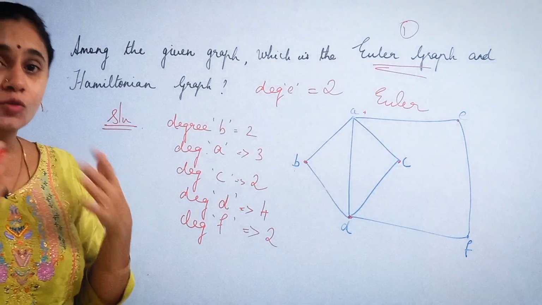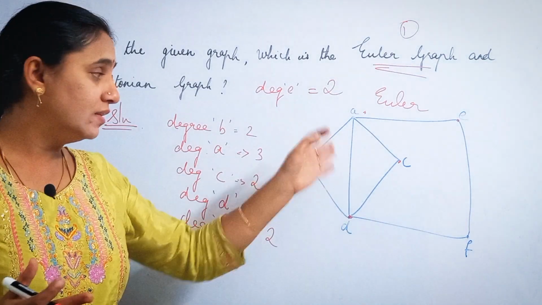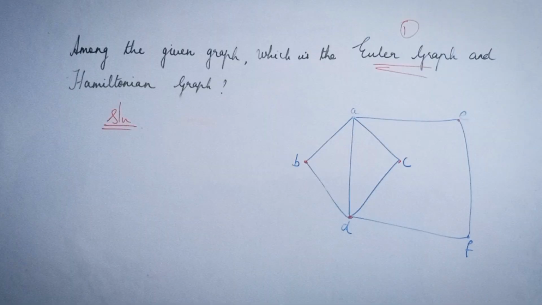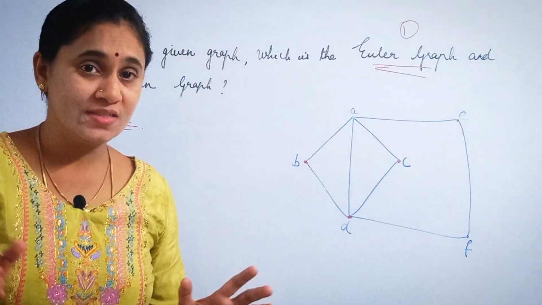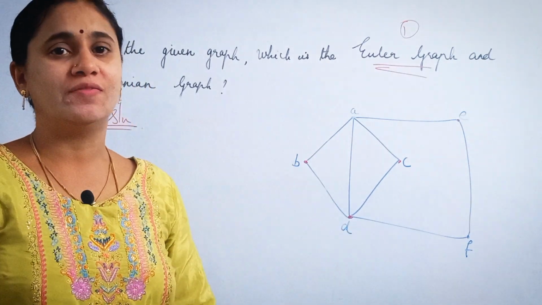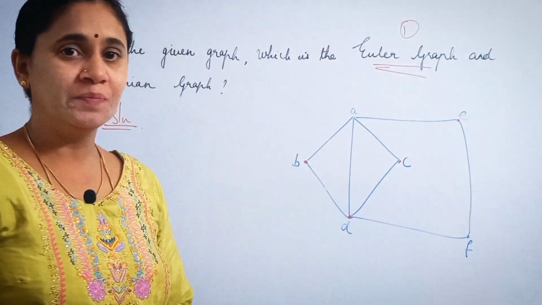Now we will discuss whether this graph is a Hamiltonian graph. Shall we proceed? Right.